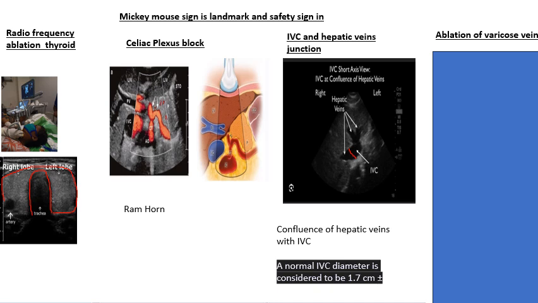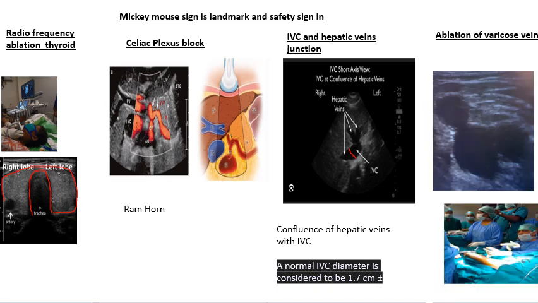What about the ablation of varicose veins? Yes, ablation of varicose veins. This is very important. Now, this is your right answer. This is the typical Mickey Mouse sign. See, somebody is putting a radiofrequency ablation. You need to know where the junction is. You cannot be blindly firing the energy source, because you'll end up either injuring the femoral artery or the femoral vein.